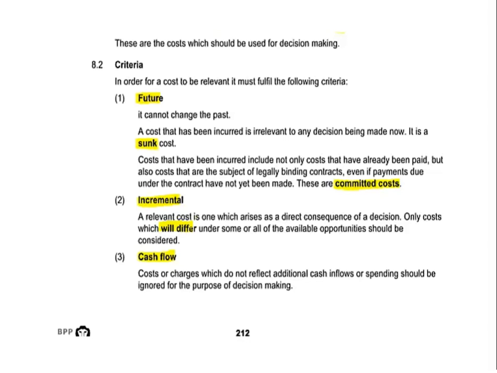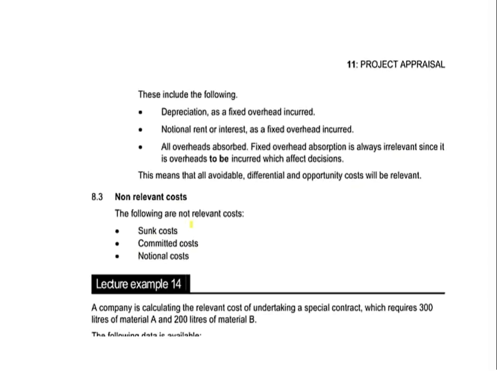To be a relevant cash flow, the item has to have a cash impact. So we're going to exclude things like depreciation and exclude any fixed overheads which have been apportioned, and all of our overheads which have been absorbed.